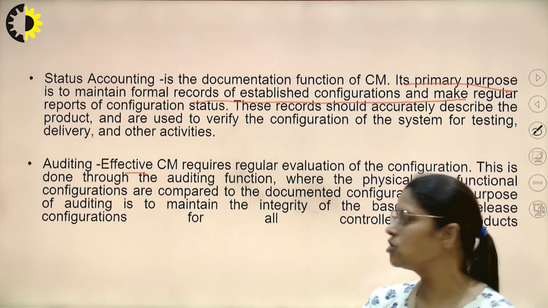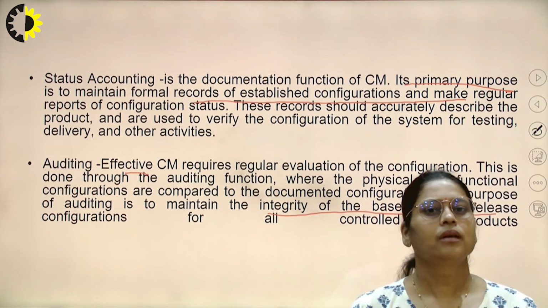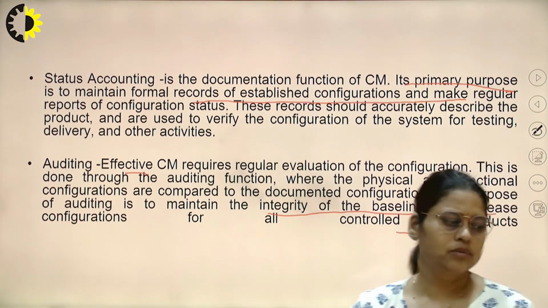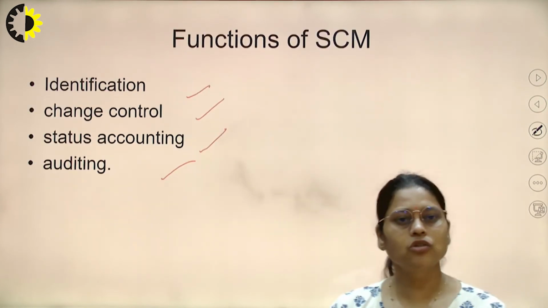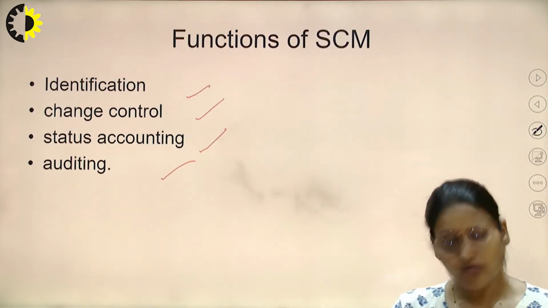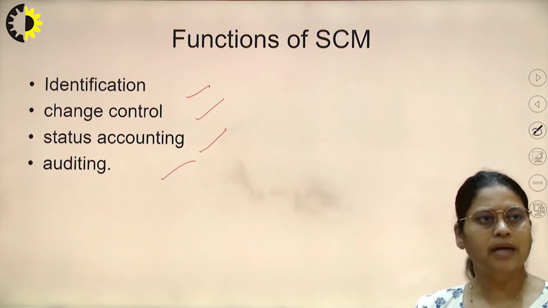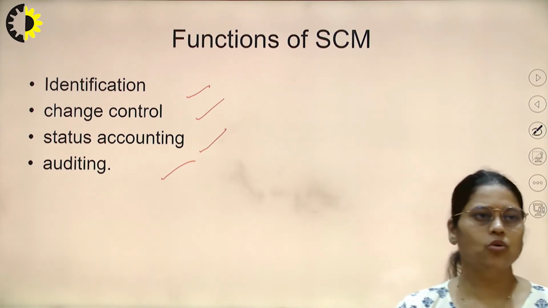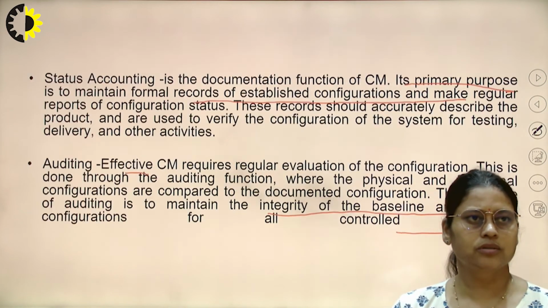The purpose of this auditing is to maintain the integrity and the baseline of the release configuration for the controlled product. So basically these are the four functions of configuration management which we consider during the SCM activities. The first is identification, then change control, then status accounting, and finally the auditing function.